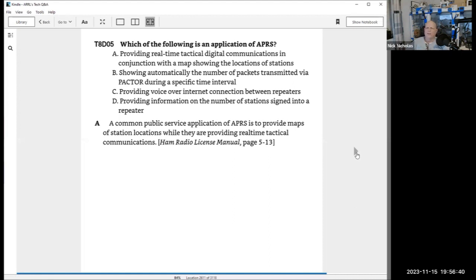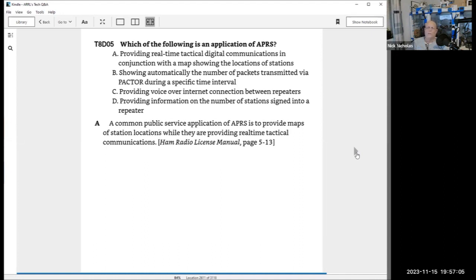Which of the following is an application of APRS? Well, it provides real-time tactical digital communications in conjunction with a map showing the location of each station or every station. Now, that's not fully true. In some radios, you don't see a map because they don't have a display for an actual map.